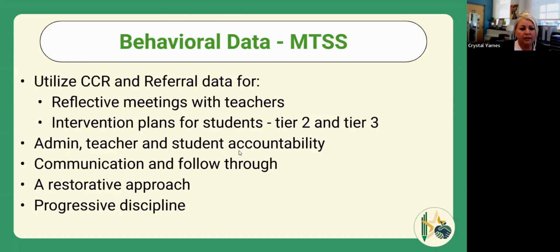We really believe here at the middle school that we want to look past the consequence. We want students to look deeper and be more reflective on their behavior. We want students to not just receive ISS or OSS, but actually be reflective in the work and in their behavior so that this does not keep happening. We also use progressive discipline.